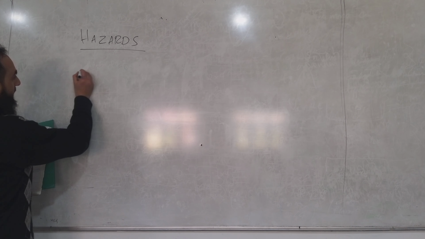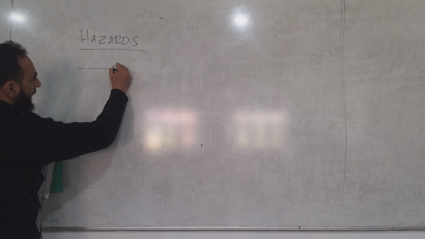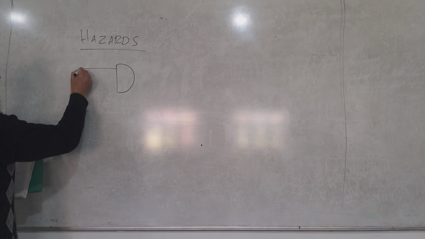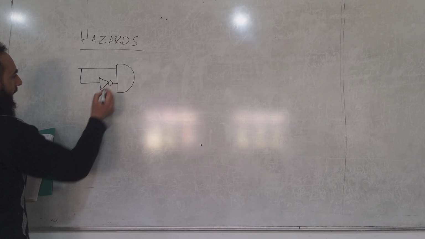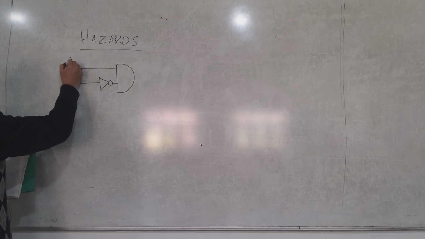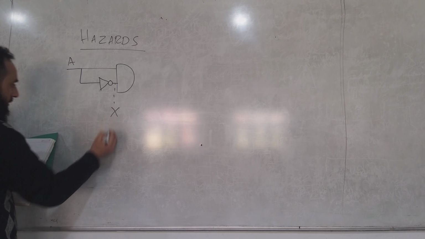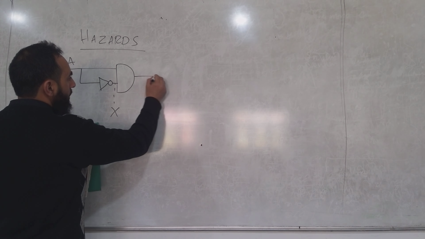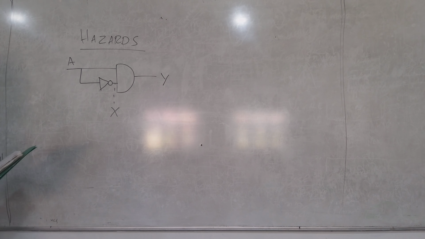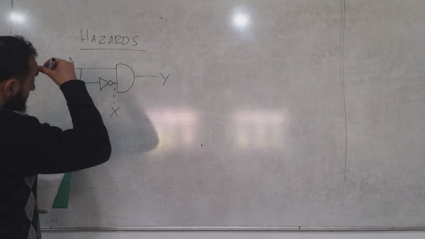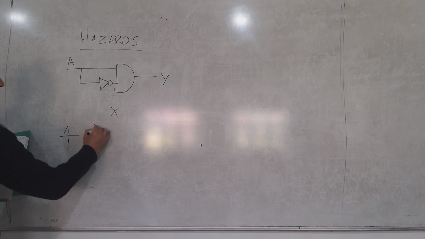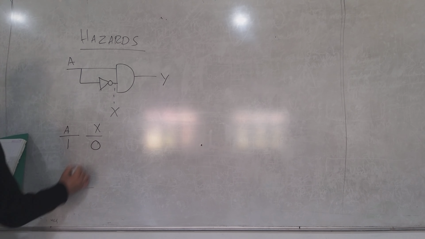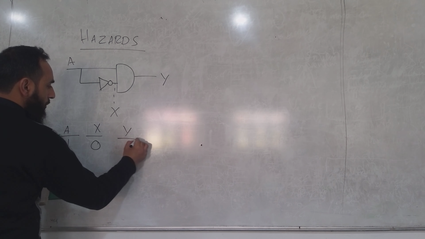What I mean by this is, say for example, you have a simple AND gate and you give an input to the second terminal through a NOT gate. Let's say this is A, let's name this as X, and this is your output Y. So ideally, since this is a basic gate, you expect that if you gave logic 1 on A, at that time X will be logic 0, and your Y should be 0.